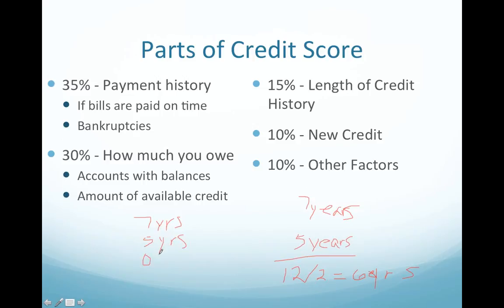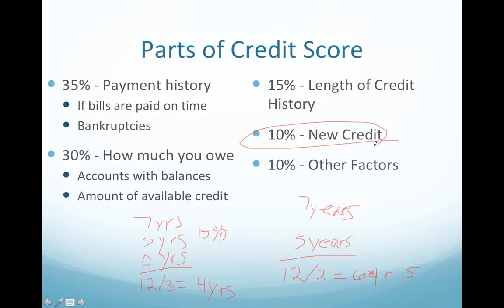But that credit card is 0 years. So now you got 12 divided by 3, because you got three accounts there. So now you just dropped 2 years off your average. And not only did you get hit with the 15% damage to the credit score, but you also got hit with 10% for new credit.